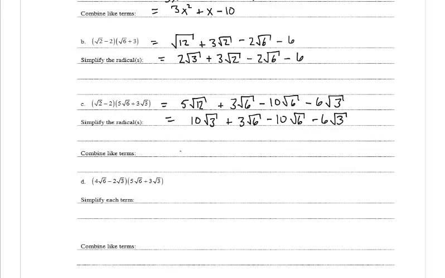And now it wants us to combine our like terms. And our like terms are 10 square root of 3 minus 6 square root of 3 is 4 square root 3. And we have 3 square root of 6 minus 10 square root of 6 is negative 7 square root of 6.